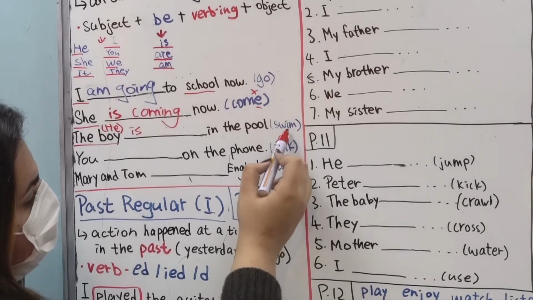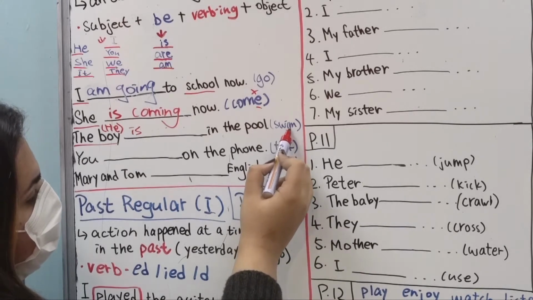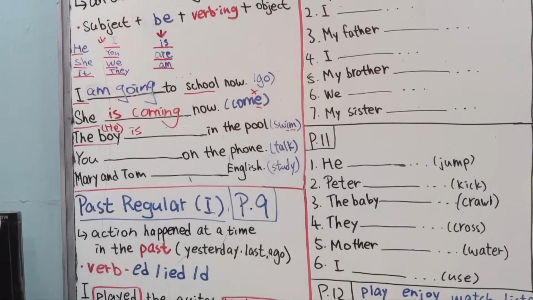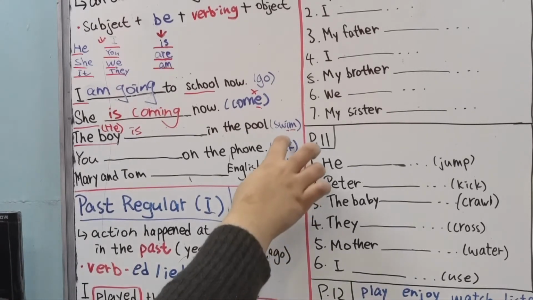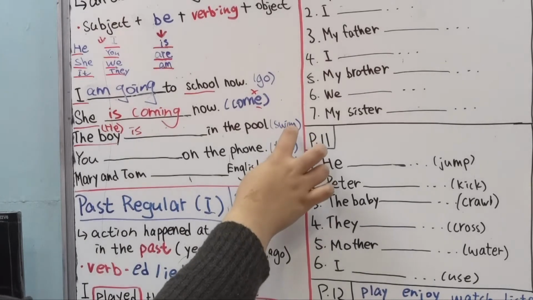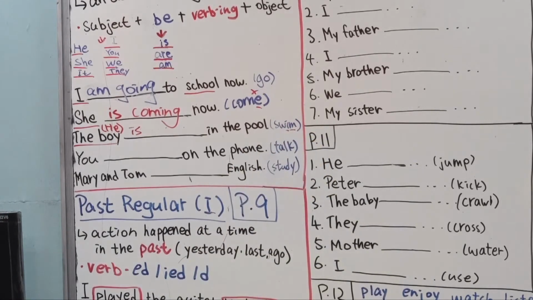Oh, look at here. It ends with a vowel and a consonant. Swim, right? S-W-I-M. The last 2 letters are a vowel and a consonant. So what do we have to do? We have to double the last letter, right? So the boy is swimming in the pool.